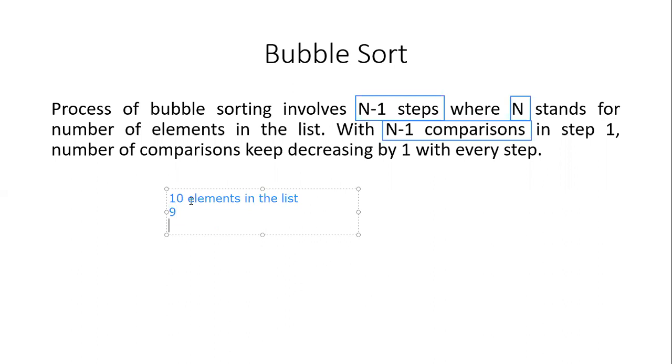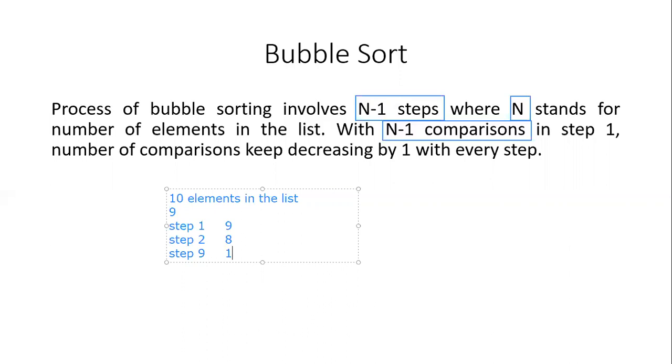Now how many comparisons will happen in the first step? In step 1, the total number of comparisons will be 9. In step 2, the total number of comparisons will be 8. And then finally at step 9, you will have only 1 comparison.